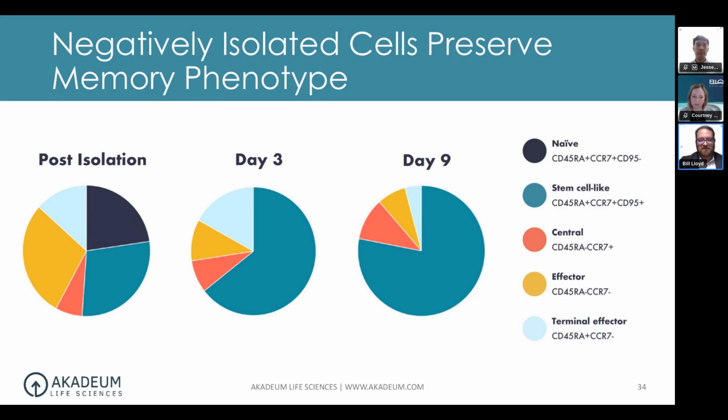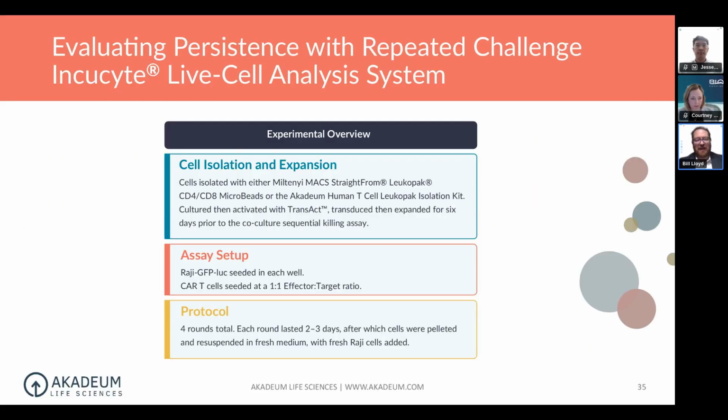And so as we look at this, this is one of those 3 representative donors, looking at the post-isolation phenotype and carrying that forward to day 3 and day 9, where we see an emphasis, right, an increased percentage of the stem cell-like memory phenotypes. And we believe that that is what will underpin the persistence and potency of the data sets that we have.